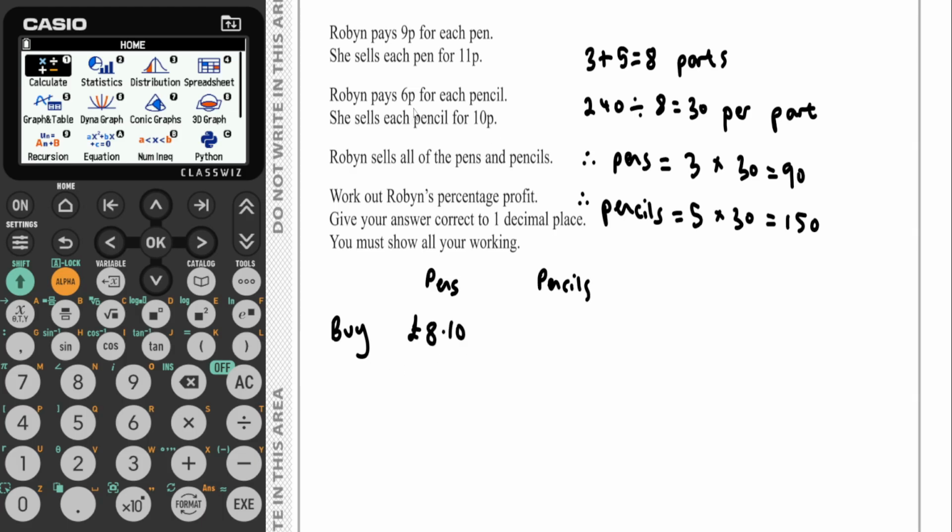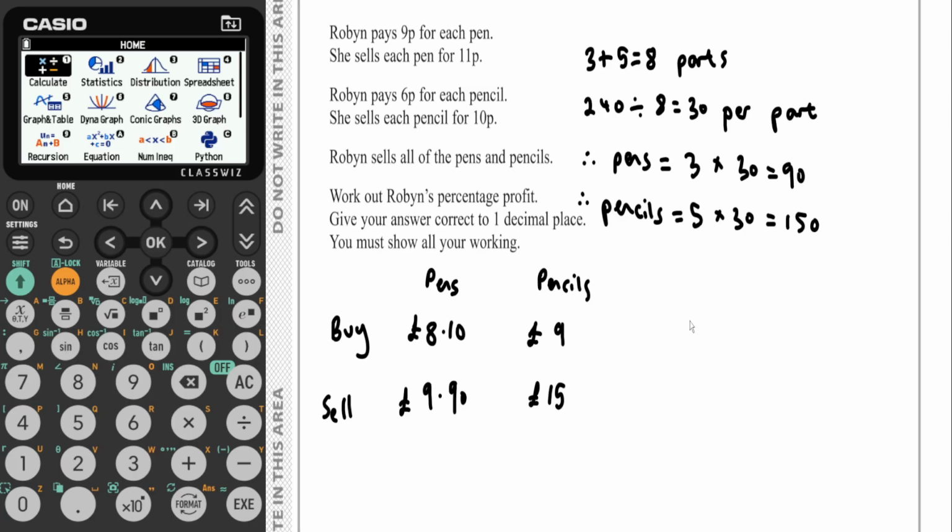And for pencils, 6p per pencil, we've got 150 of them, so 150 times by 6p, that's £9. So for what we sell, we sell each pen for 11p, so 90 times by 11, that is £9.90, and we sell each pencil for 10p, we've got 150 of them, so that is going to be 10p times 150, which is £15.